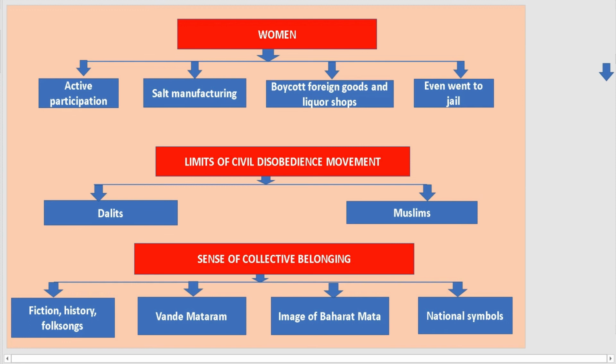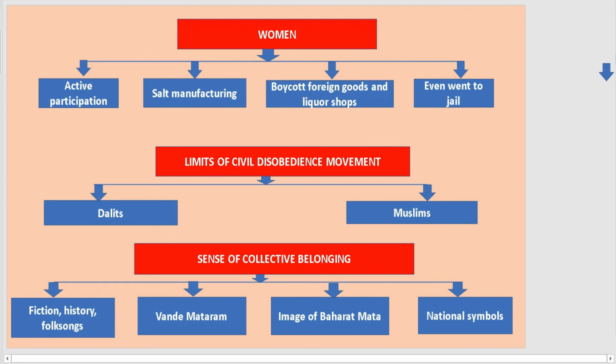I hope all the headings are clear to you. And remember, from history chapter 3, map work is also going to come in your exam. Most of the things, like Jallianwala Bagh massacre, and even Dandi. This map I am also going to provide to you. I will provide the link where you will get all the important maps of your history as well as your geography.